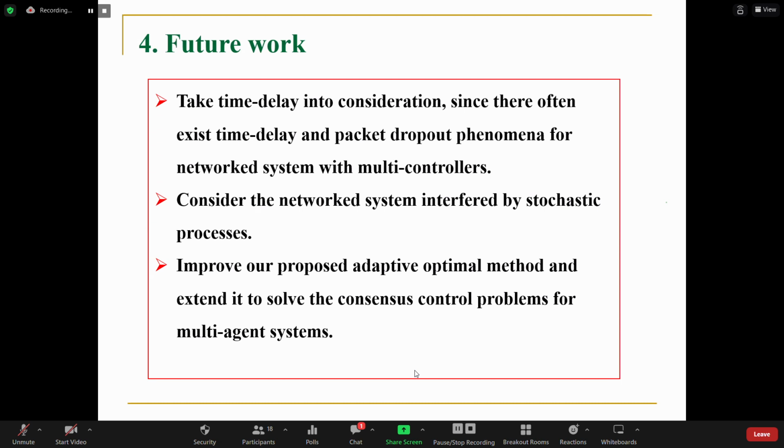Then I will consider the network system interfered by stochastic process, and I will improve our proposed adaptive optimal method and extend it to solve the consensus control problem for multi-agent systems, since I think the multi-agent system is another promising direction. That's my introduction today.